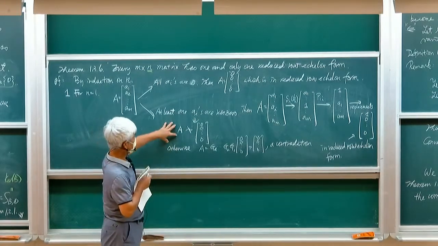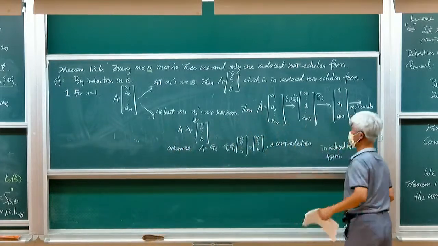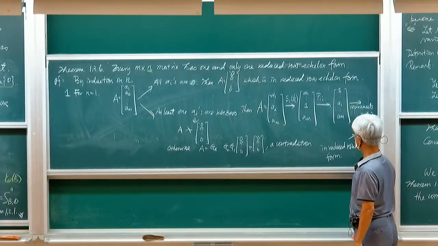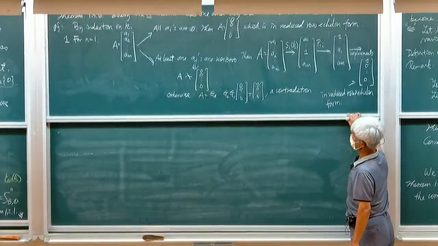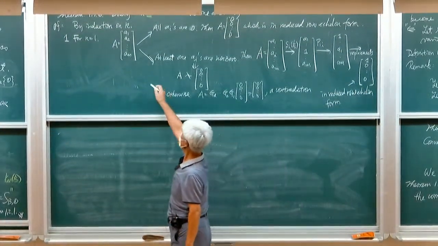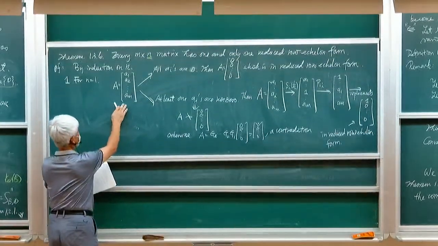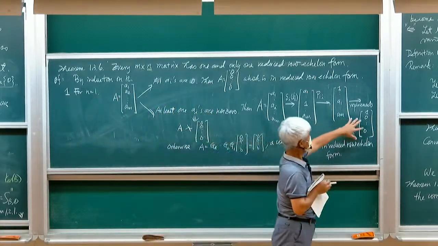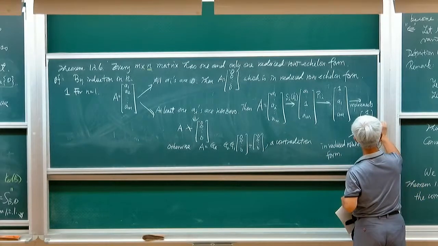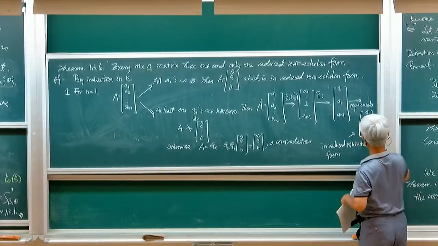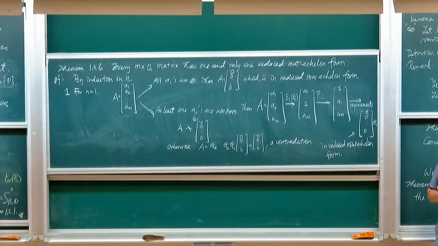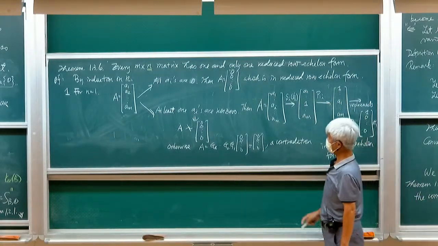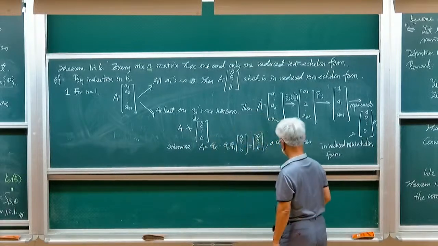So there are only two possibilities. Starting from the m by 1 matrix A, it either goes to all 0 or goes to this vector, which is E1, the standard unit vector E1, only. And A cannot go to both.